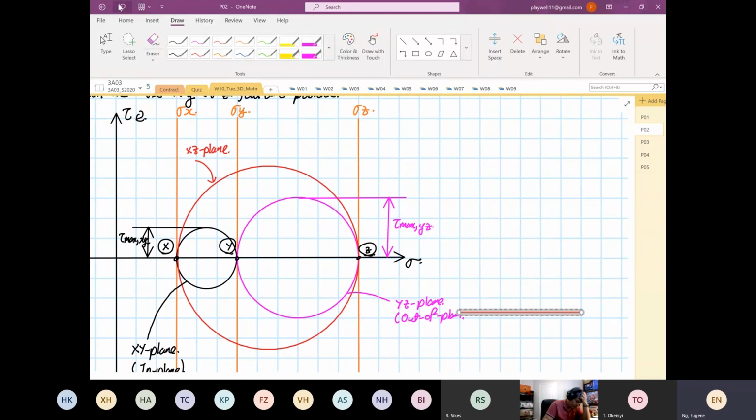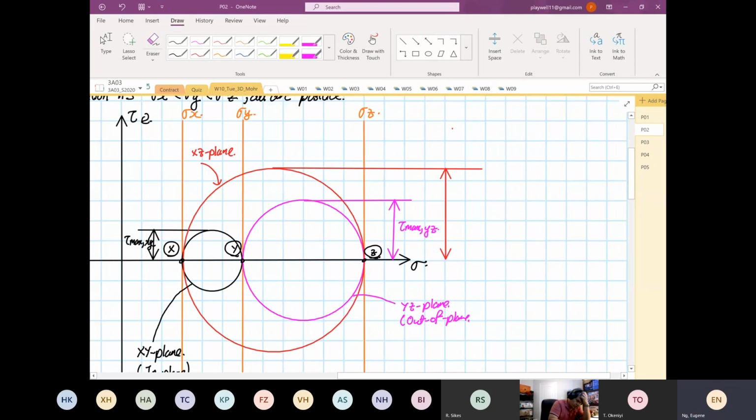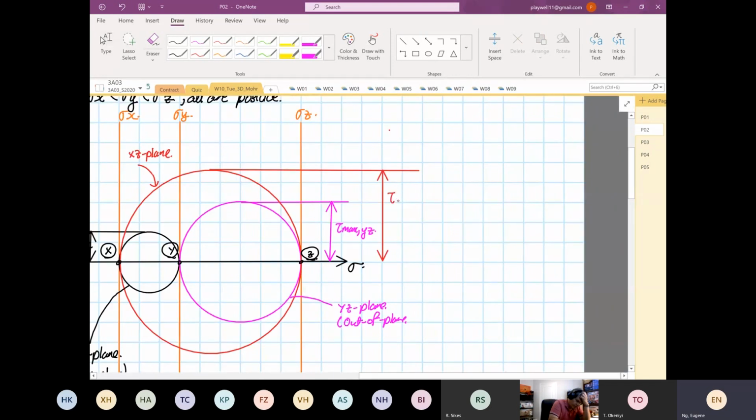Oops, sorry. Now you can see it has the biggest diameter. So this is your tau max, okay, which is equal to your tau max, and this is your XZ plane.